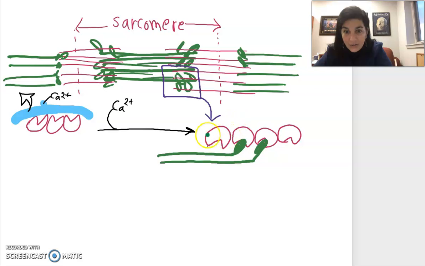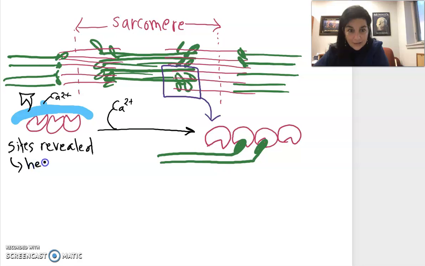If the complex is out of the way, that means the heads can actually attach to the binding site. So the heads attach to the binding site, and that's the first thing that happens. So there is attachment. So sites revealed, and that means heads attach.